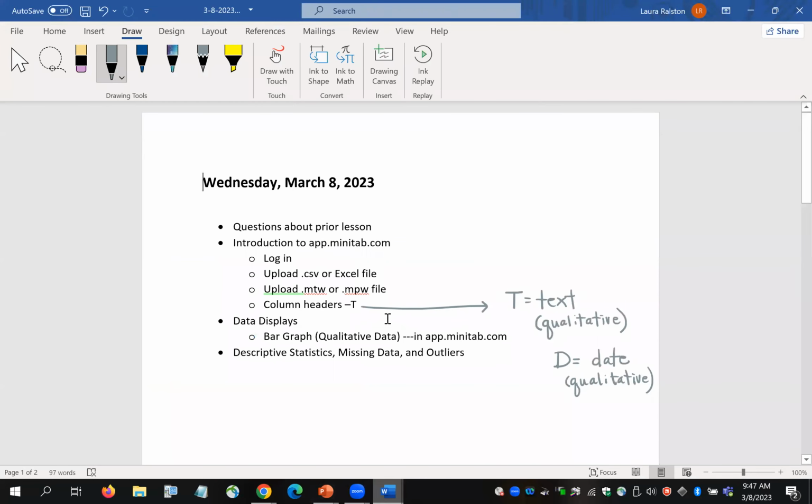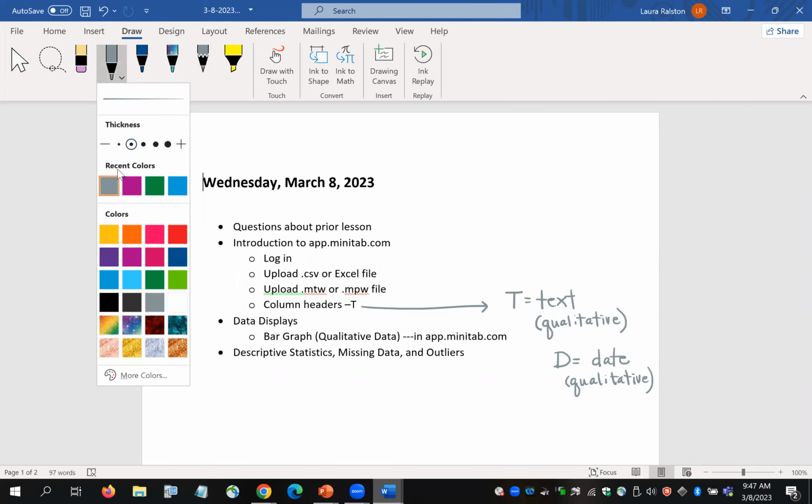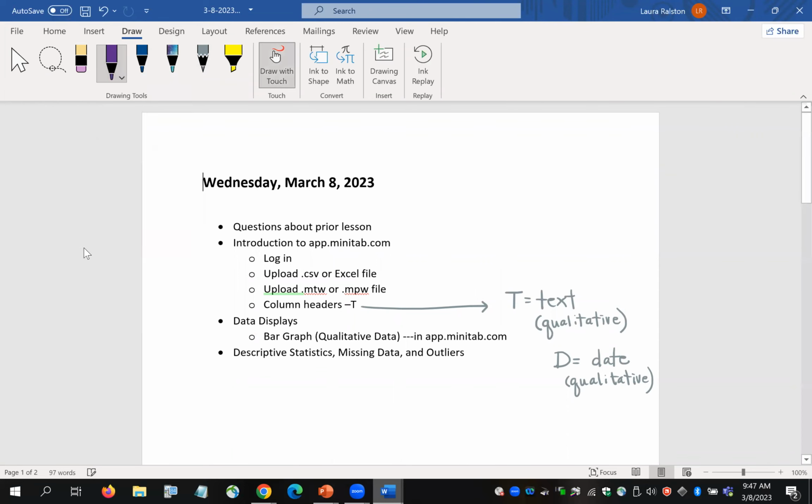Okay. Typically with Excel, you'll know that it's Excel, or you may have a file that has a .csv suffix.